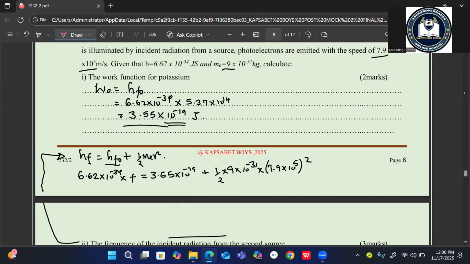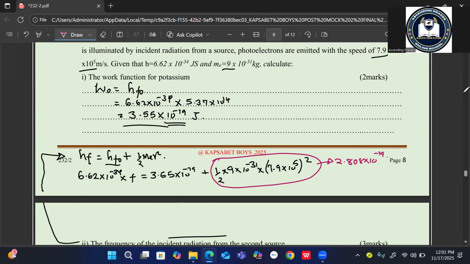This part is supposed to be giving me 2.808 times 10 raised to power negative 19 joules.